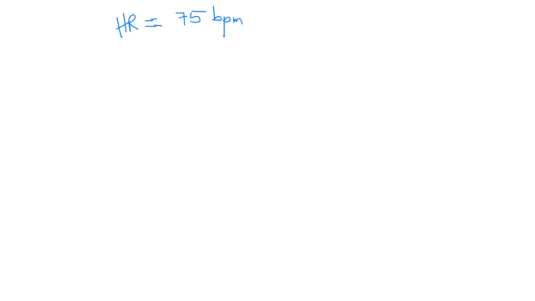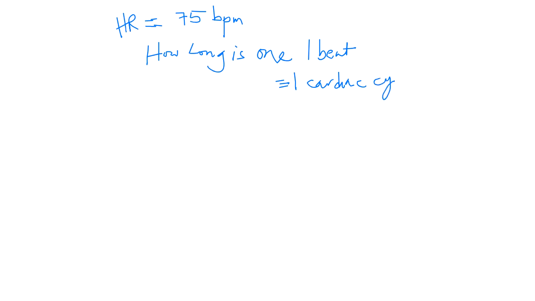The question is, if it's 75 beats a minute, how long is one beat? Can people figure it out? One beat is considered one cardiac cycle, the same thing as one cardiac cycle. You can use your calculator to see if you can figure it out. If you don't know how to, I'll tell you.